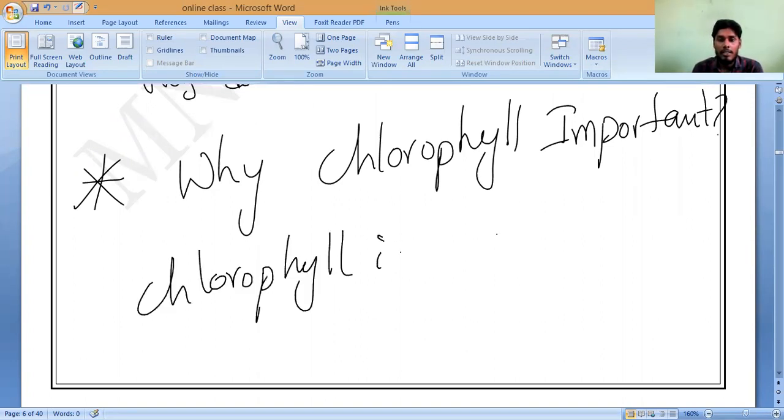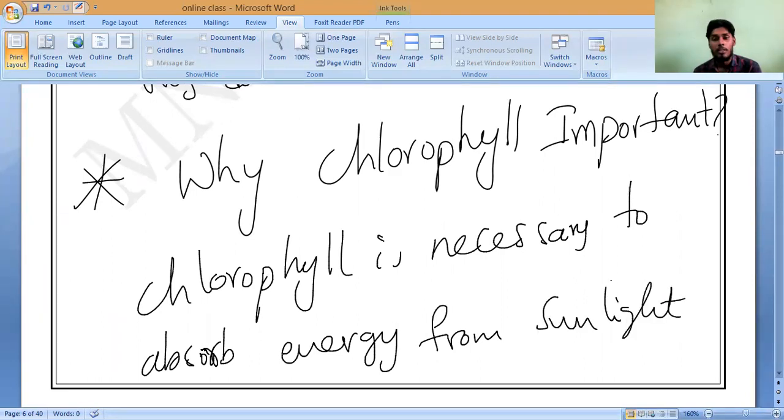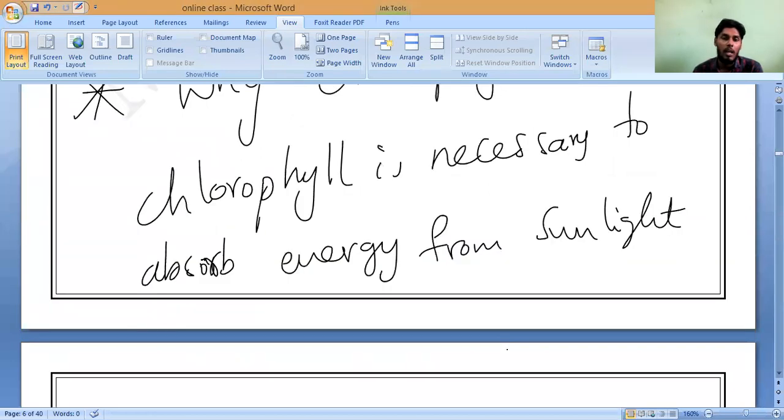Remember, chlorophyll is necessary to absorb energy from sunlight, which is required for making food by what process?